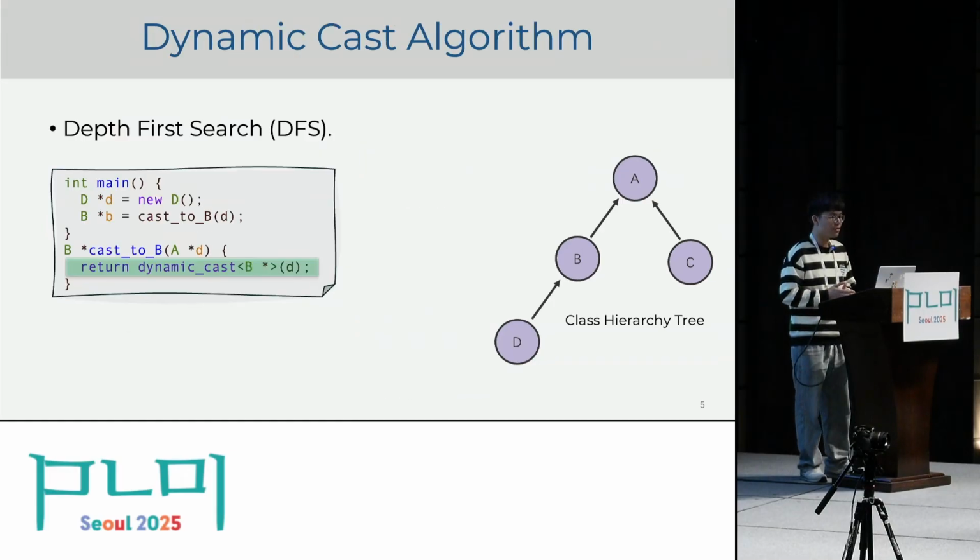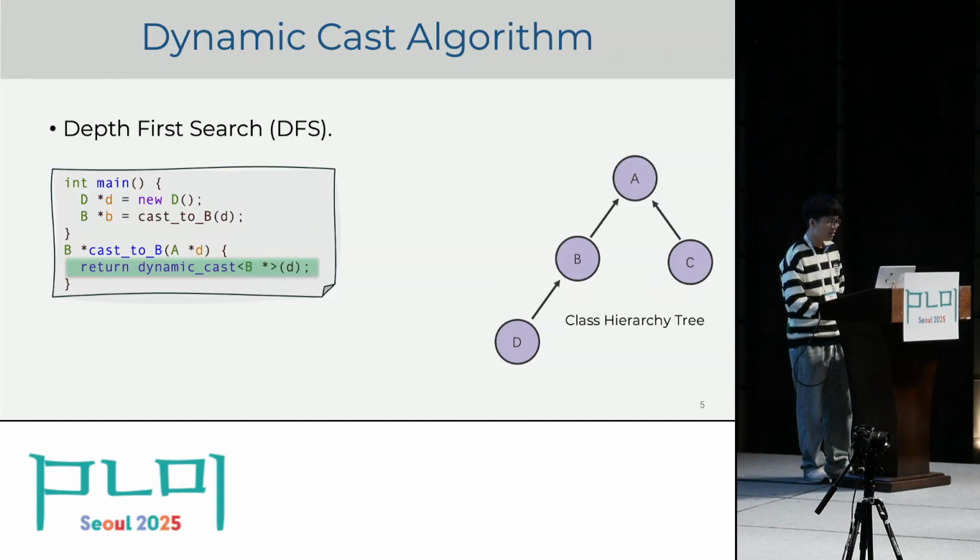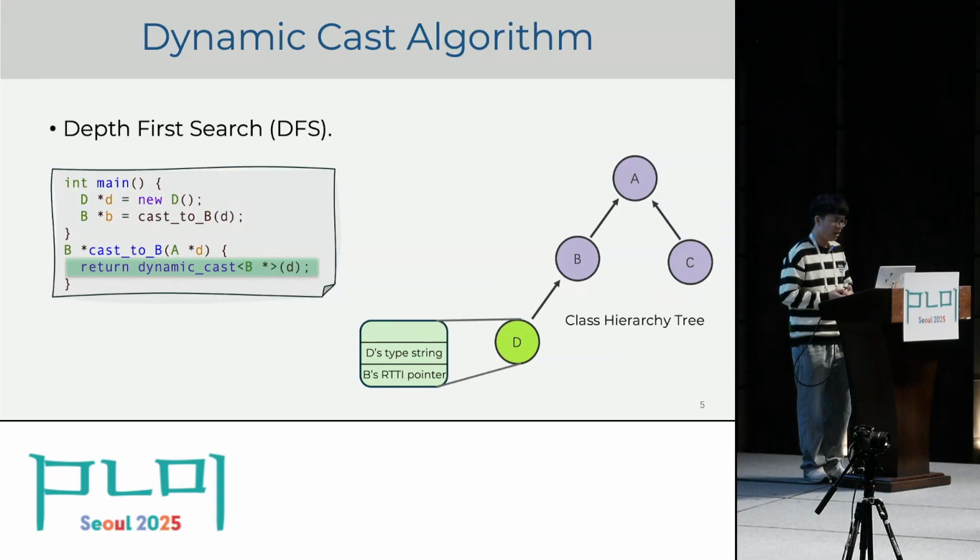Once we have understood the class hierarchy that is represented by RTTI, we can go ahead with the dynamic_cast algorithm. Roughly speaking, we can think of the dynamic_cast algorithm as a depth-first search. Let's say we have an object that is instantiated from class D, and now we want to dynamic_cast it to class B. So we start by looking at class D's RTTI data.